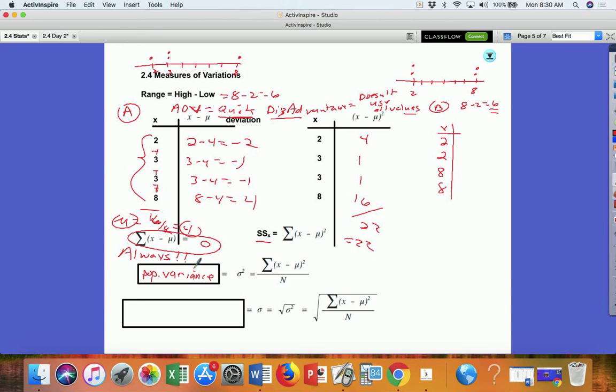The population variance, symbolized by sigma squared, is the sum of the deviations squared, the sum of the squares, divided by n. So what is n in this case? Take a guess.